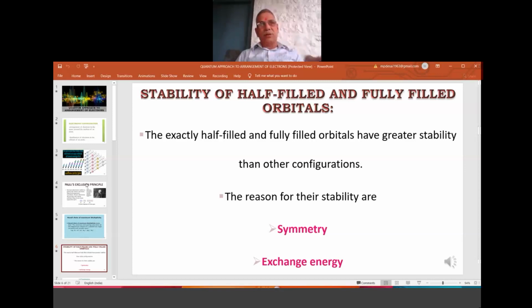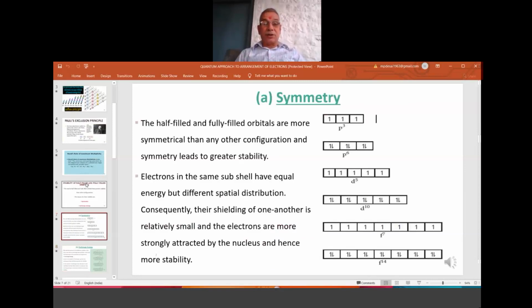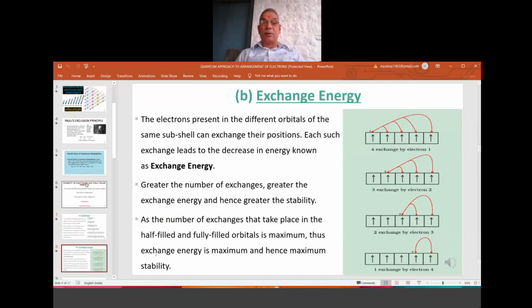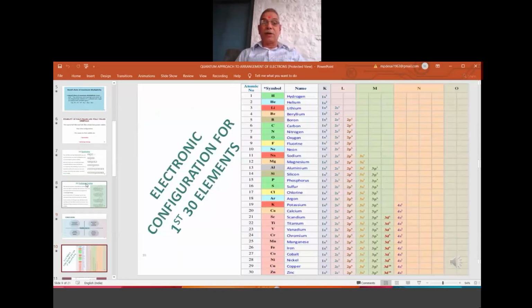In doing that exchange between orbitals of the same quantum number, they spend some energy, so that energy is lost. They have gone to the least energy state. That is the most stability. That's why they keep exchanging. So due to symmetry and exchange energy, half-filled and fully filled orbitals are stable. Okay, right. All this was explained.